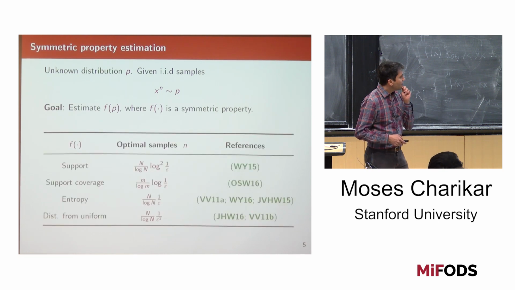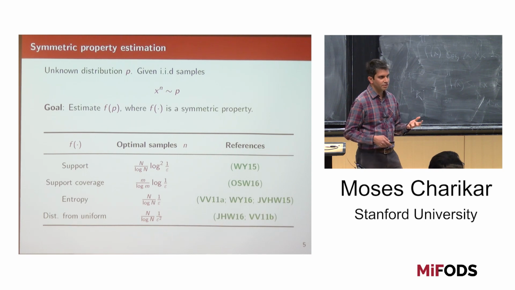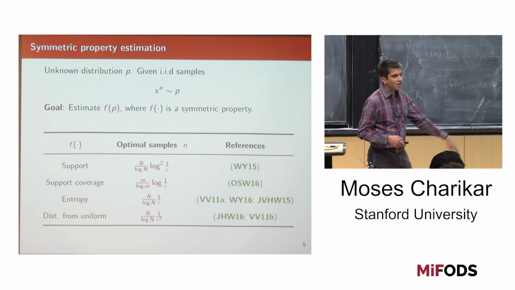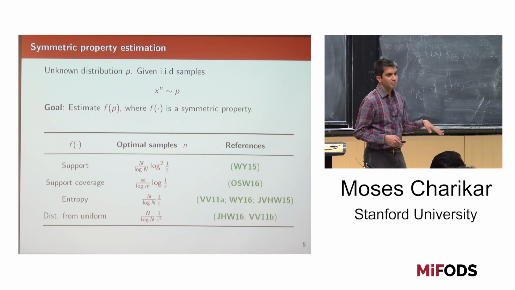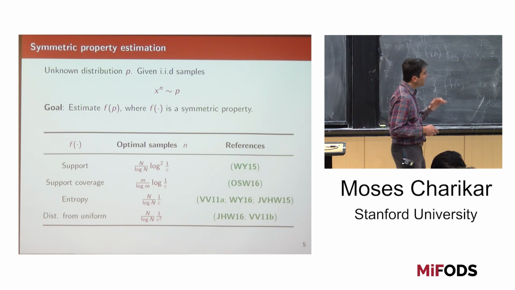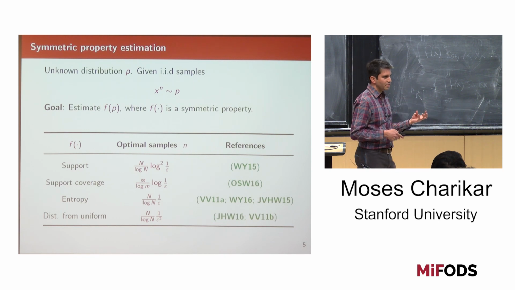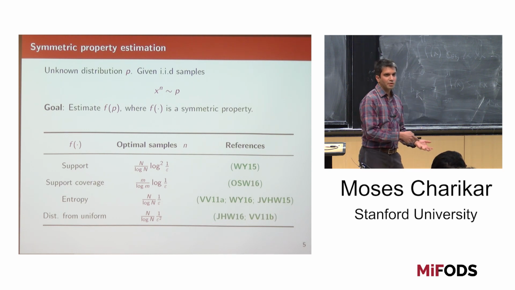A variety of these problems have been studied for various properties of interest, and typically the results are of the form: here's a property of interest, here's an estimator, here's how many samples you need for that particular property. People have really studied this to death. We have matching upper and lower bounds for many properties of interest: support coverage, entropy, distance from uniformity. But all of these are typically custom estimators designed for that particular property.